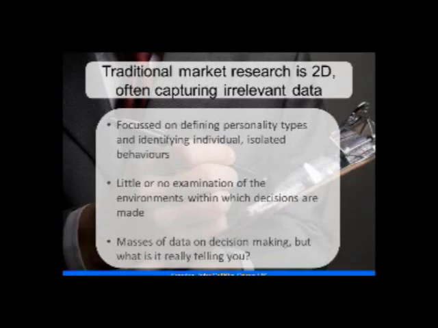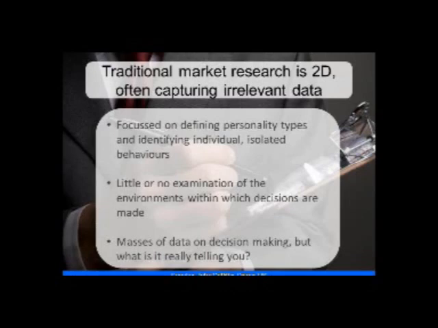We're very used to looking at people in detail, doing segmentation in terms of the personality types we identify, but we tend to deal with individuals and then aggregate up. We focus on people. As far as examining the environments within which customer and consumer decision-making is done, we don't really look at that, or when we do, we almost use the people to access it. We focus on the people rather than what's around them.